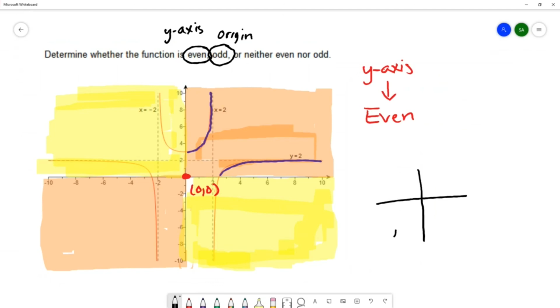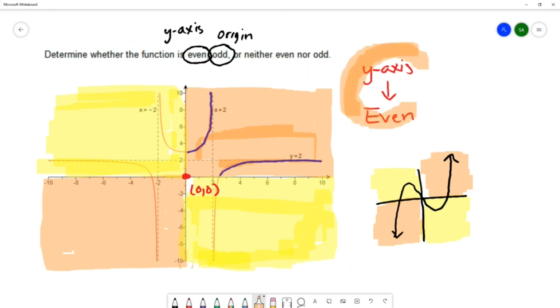If you had a picture that looks something like this, and then you think about these opposite quadrants, this quadrant is a mirror of this quadrant, and this quadrant here is a mirror of this quadrant. So if the picture looks something like this, we would have origin symmetry, and we would label the function as odd. So as we said, this picture does have y-axis symmetry, and we would label this picture as an even function.